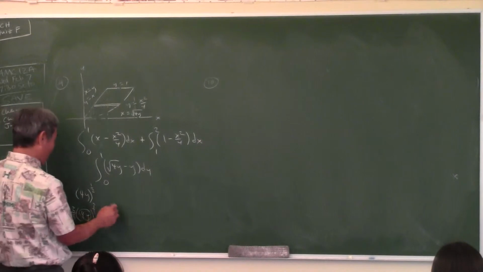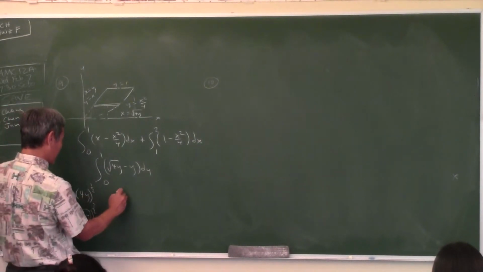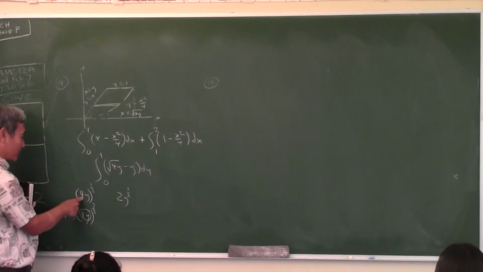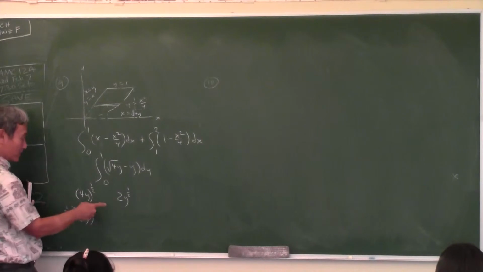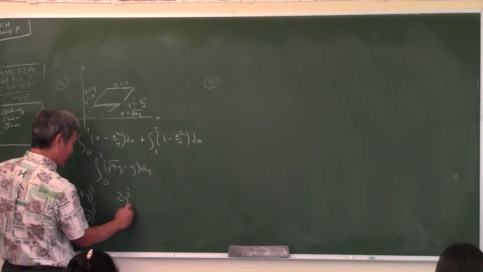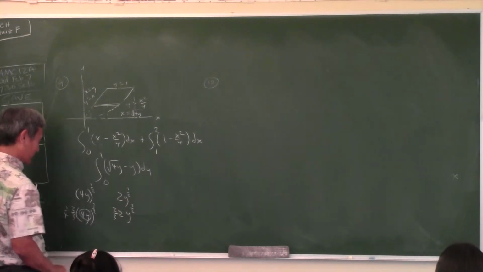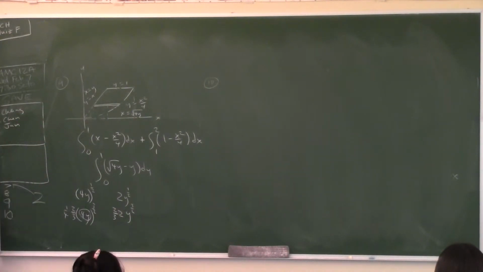Or the other way is to split it up. Isn't this the same thing as just 2y to the half? Yeah, because the square root of 4 is 2. The 4 comes out of the radical as a 2, and now it's easier. Make the power 1 bigger, put the reciprocal in the front. Either way works. Probably that way is what most people would do, is my guess.